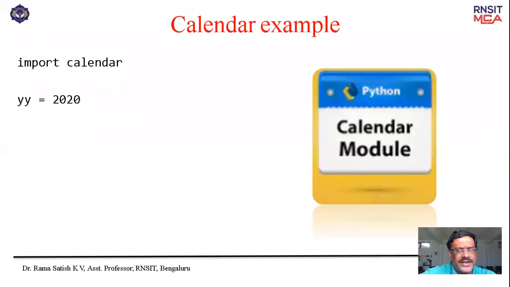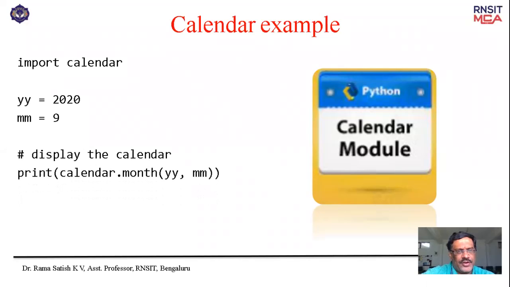Next, create a variable YY with value 2020 and month equal to 9. And we use calendar.month. When we use calendar.month, automatically the month calendar will display.